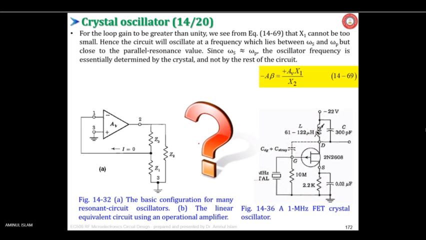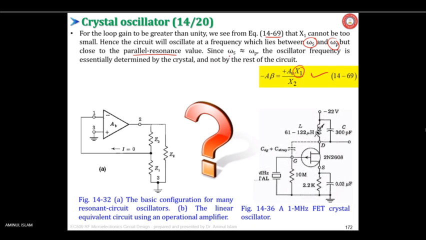For the loop gain to be greater than unity, we see from equation 14-69 that we wrote earlier, that X1 cannot be too small. Hence, the circuit will oscillate at a frequency which lies between omega s and omega p, but close to the parallel resonance value omega p.